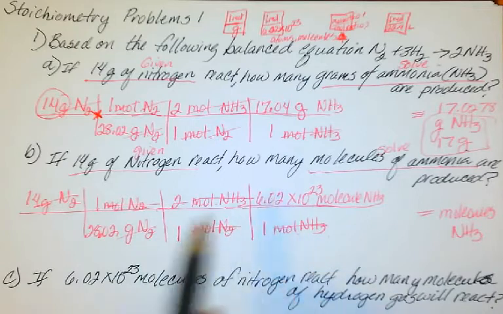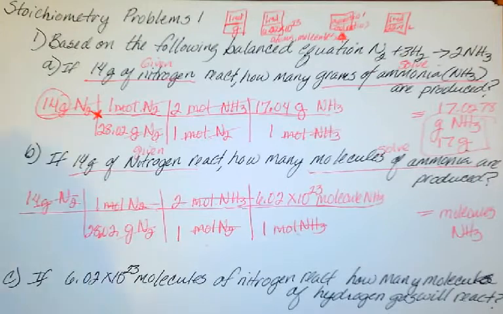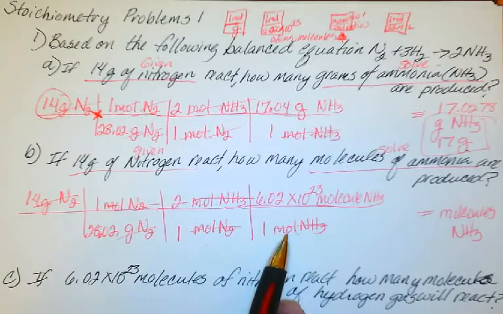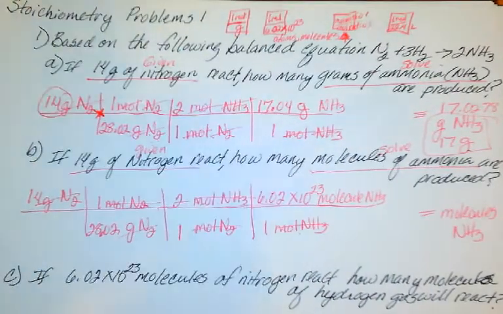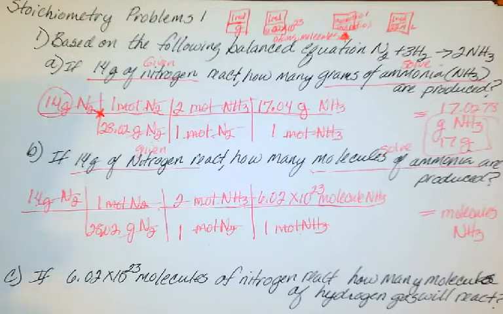multiply the top numbers, divide by each of the bottom numbers. Okay, so this ends up being 14 times 2 times 6.02 times 10 to the 23rd power divided by 28.02 divided by 1 divided by 1 equals, and I hit something wrong on my calculator, so I need to put it back in.